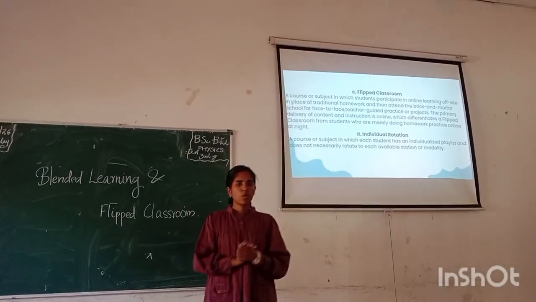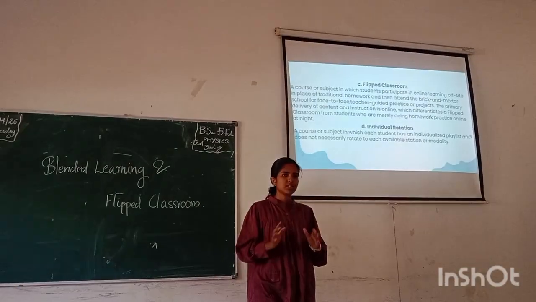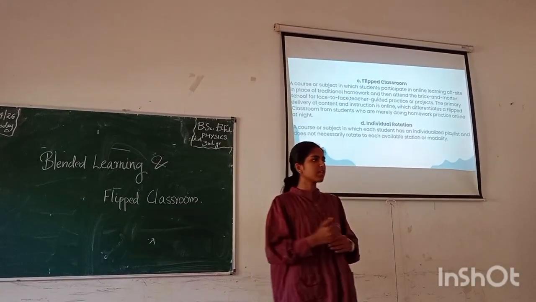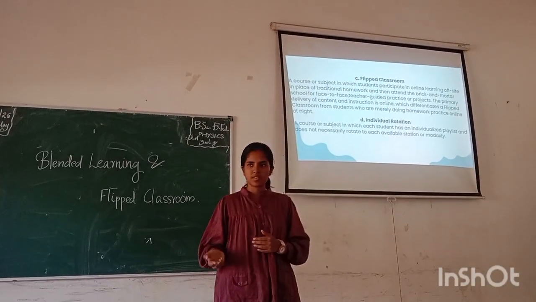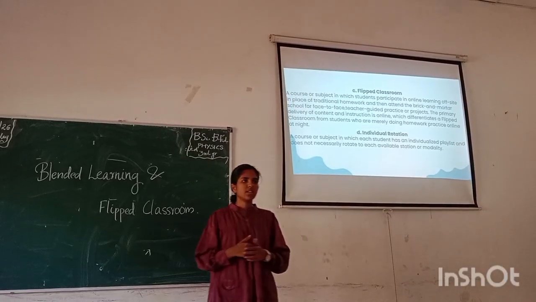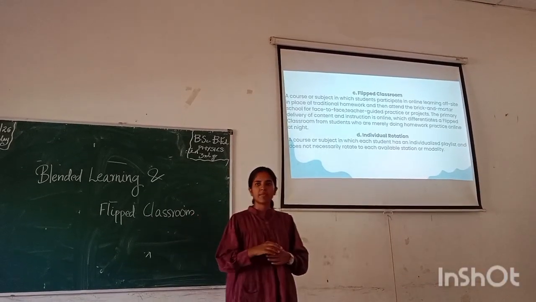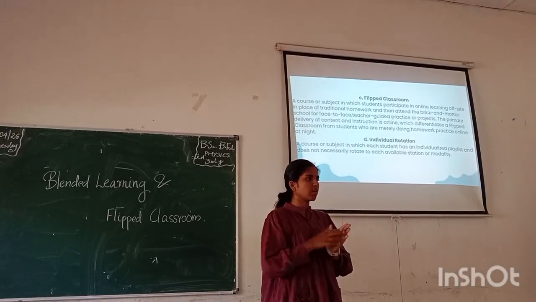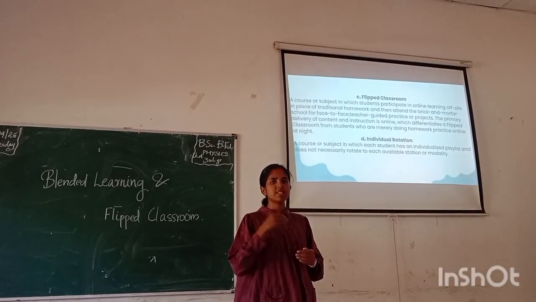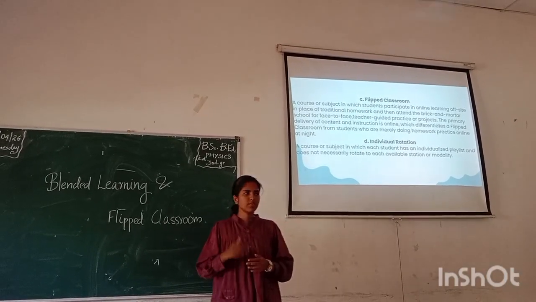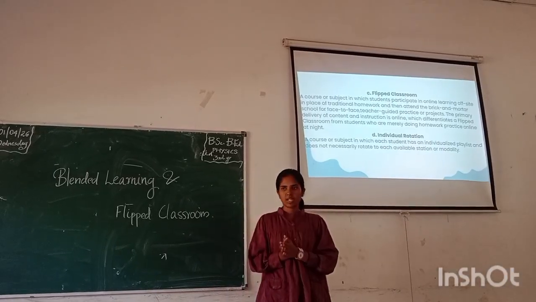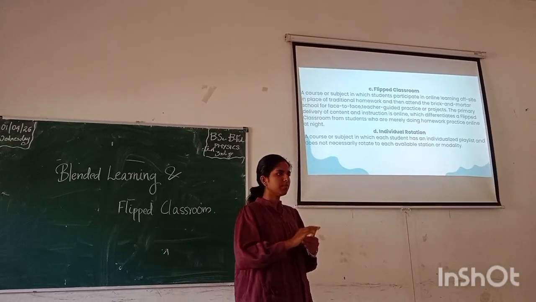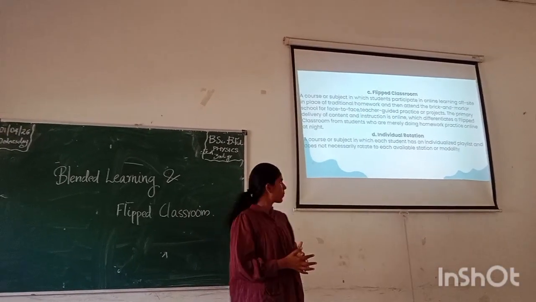Offsite means from home we can study whatever content we want, and in the classroom there will be discussion with the teachers, and quizzes and so on will be conducted in the classroom itself. No concepts are left out. Everything is studied by the student at home. That is flipped classroom, flipping from the traditional to another form.